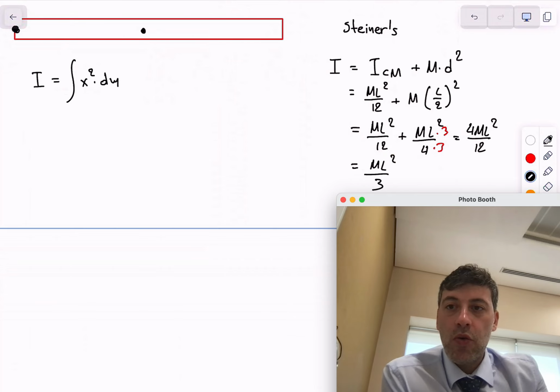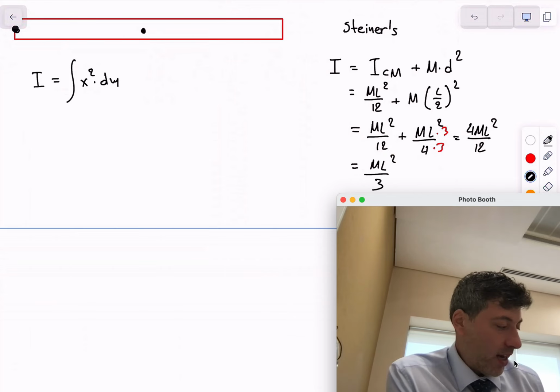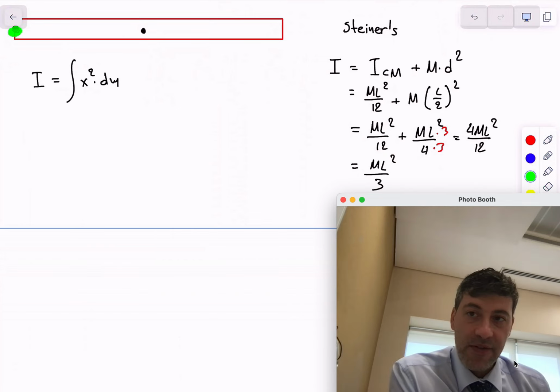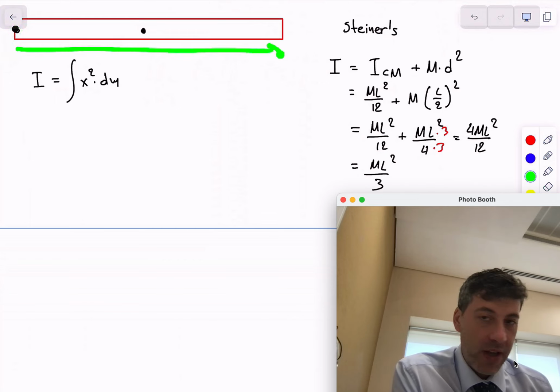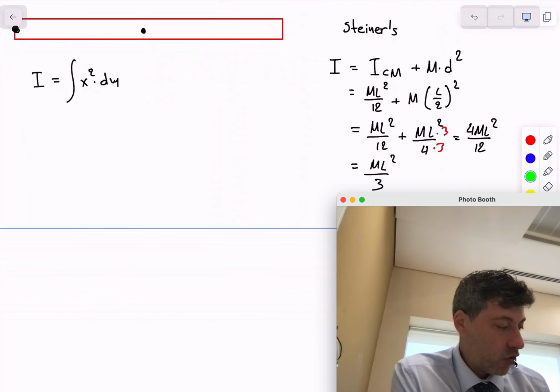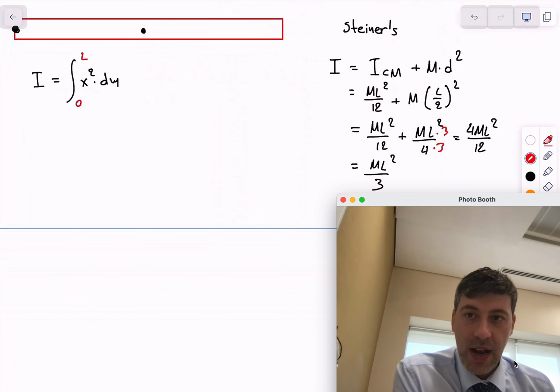But now my position where I start from is the left end of the rod, so I consider that this position is 0, and moving to the right, the integration should finish at the length of the rod, so it is from 0 to L.